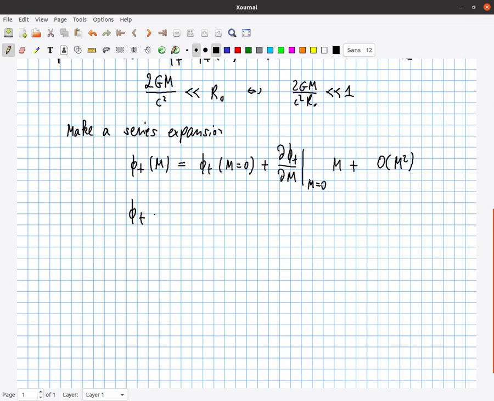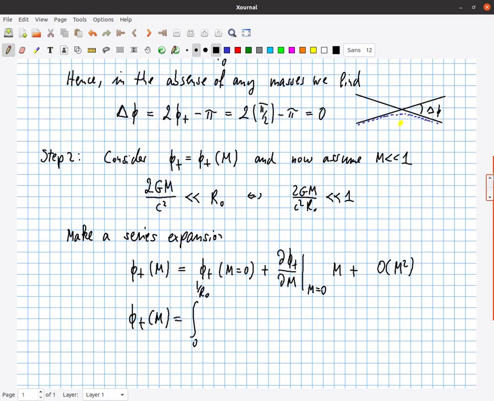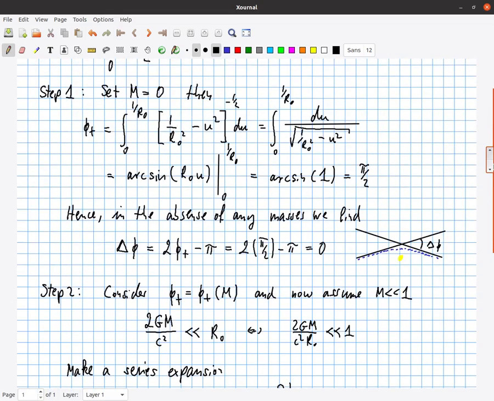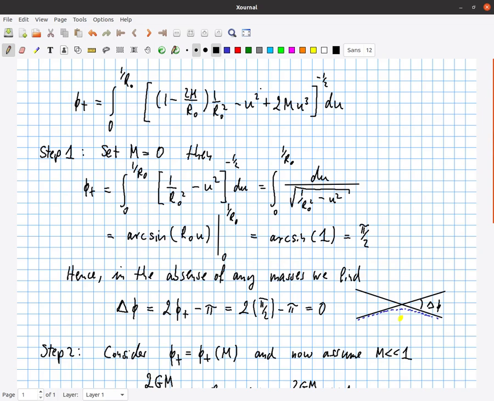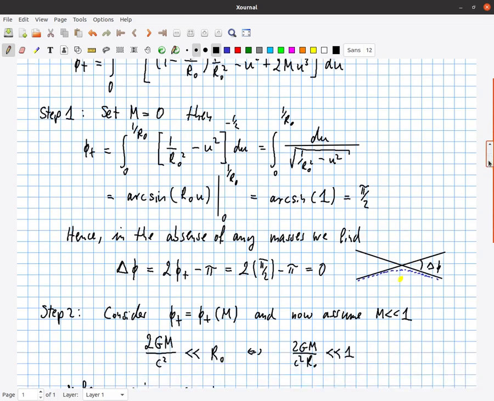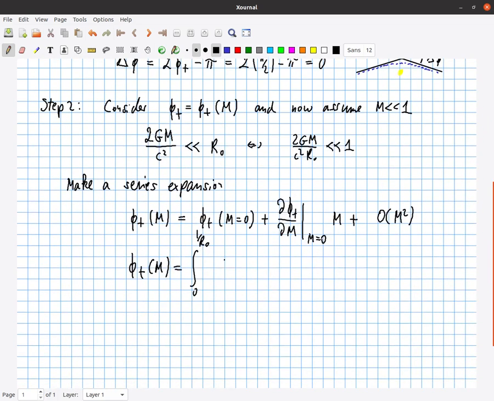We have f plus of m was this integral from 0 to 1 over r naught. If we look at what we actually have here with m, we have 1 over the square root of this function here, du.